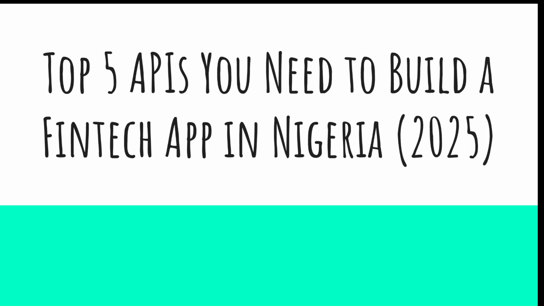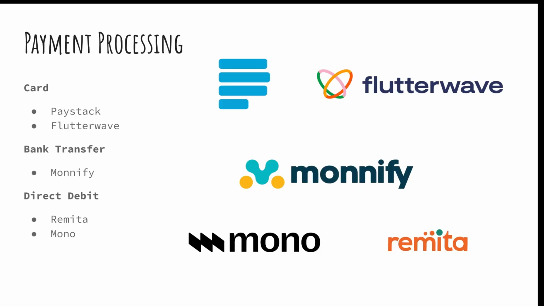So let's get into the list. For payment processing, I break it down into cards, bank transfer, and direct debit. Paystack and Flutterwave obviously are the OGs when it comes to card payment processing, while Monnify handles bank transfer flawlessly, according to my own experience. Then Remita and Mono are the guys for direct debit.